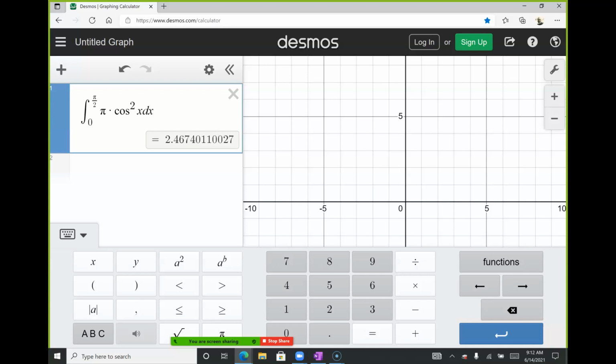Let's see, who's missing? 4, 8, 12, 16, 19, 18, missing 2 students? Who's missing? I've got to take a photo of attendance.